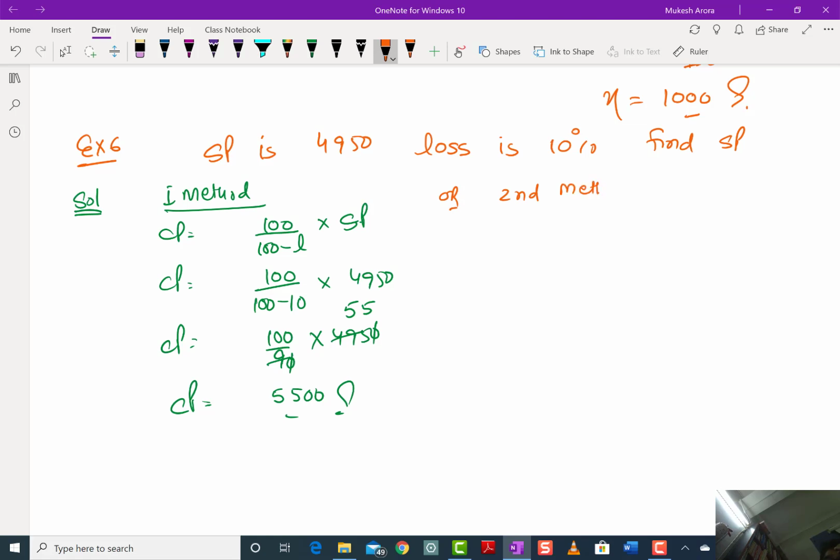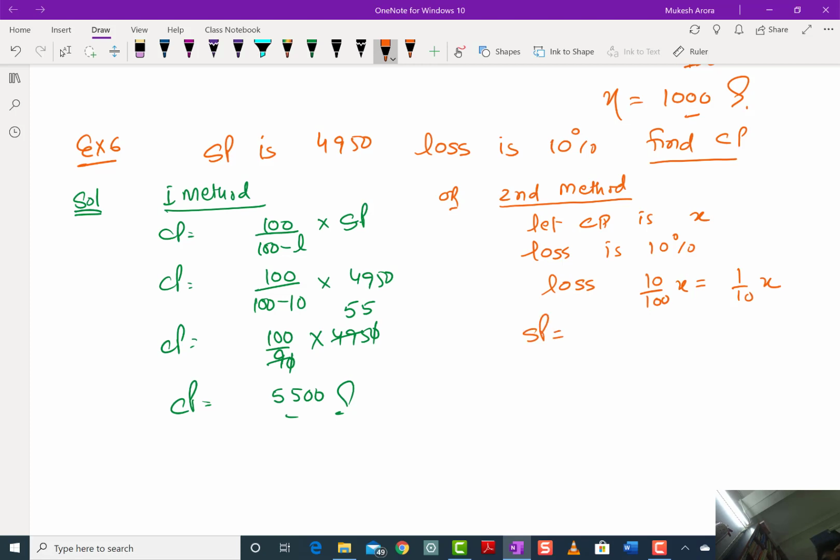The second method is where we will assume CP. Let the cost price be X. Loss is 10%, so loss will be 10% of X, means 1 by 10 X. So now SP is equal to CP minus loss.